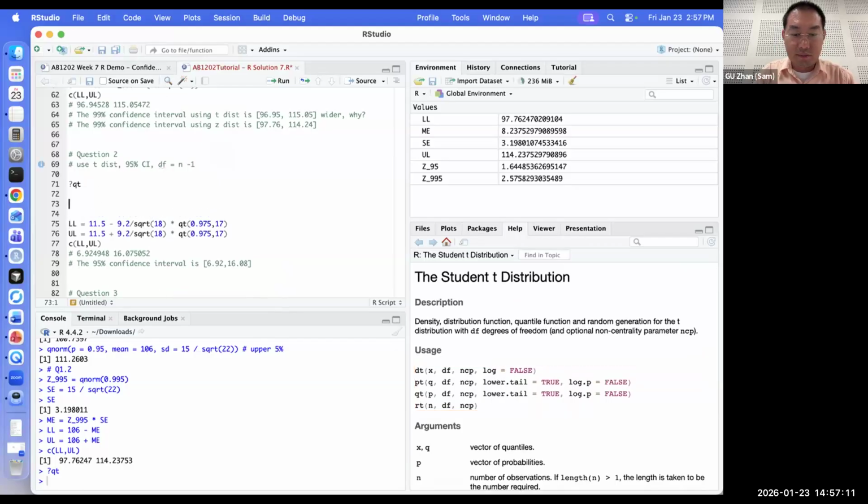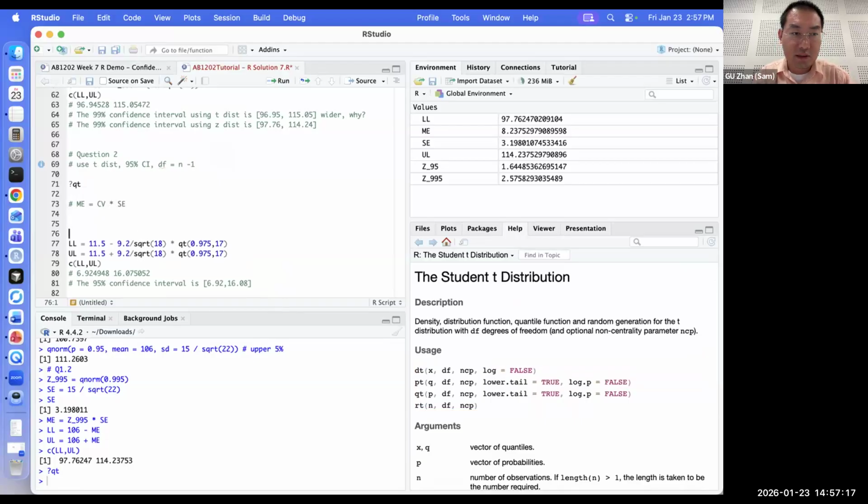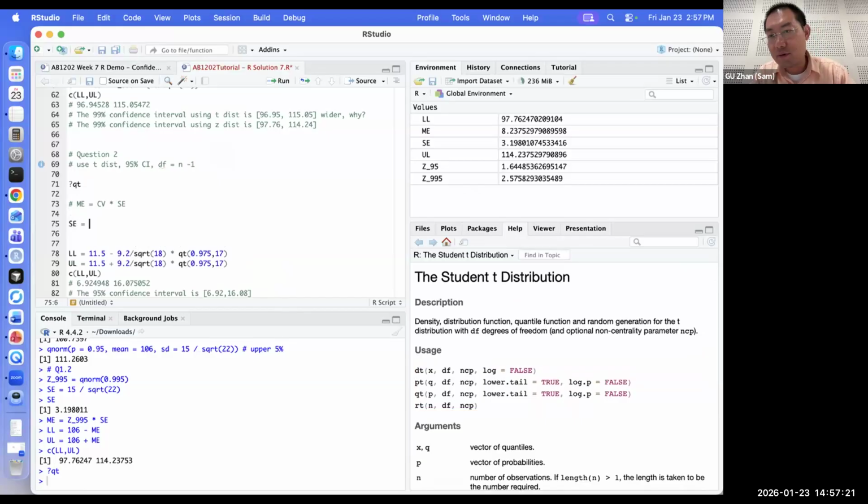So first, margin of error equals CV times SE. Always remember that. So we need to calculate the CV and SE first. Maybe SE is easier. Standard error is the standard deviation divided by the square root of n.